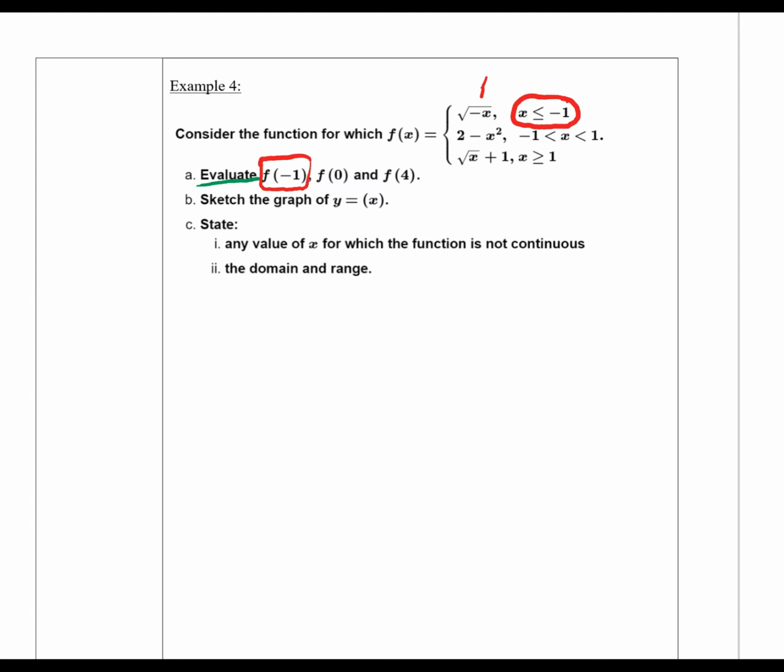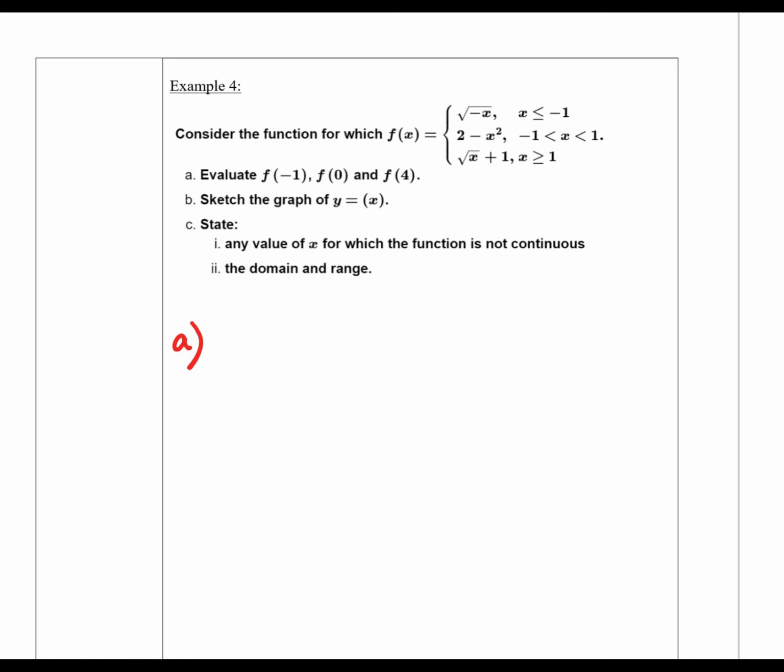And so that's going to be put into that function there. If we're asked to find f of 0, well, I know that f of 0 lies between negative 1 and 1. So this is what I'll use to find f of 0. Finally, if we're asked to find f of 4, we're just going to use that function there, because 4 is after 1.